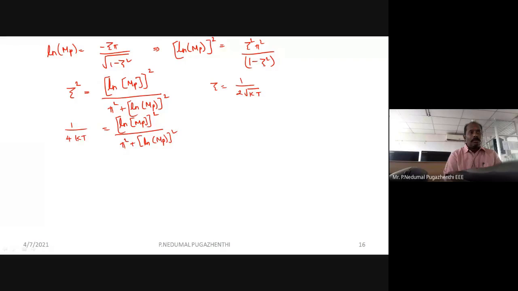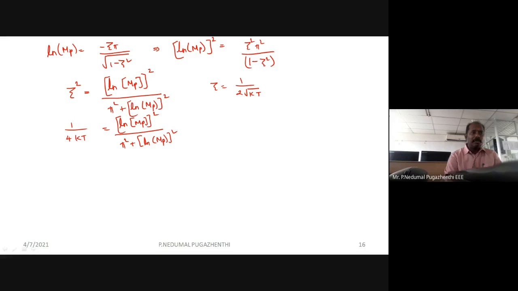So I want the relation between mp and k, because I want to find the k value. Am I right or not? To reduce 75% of the peak overshoot to 25%, what should be the value of k? So I want this entire notation in terms of k.